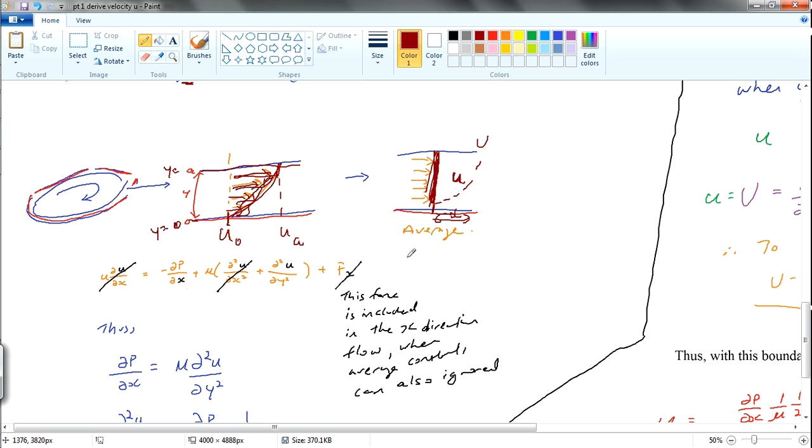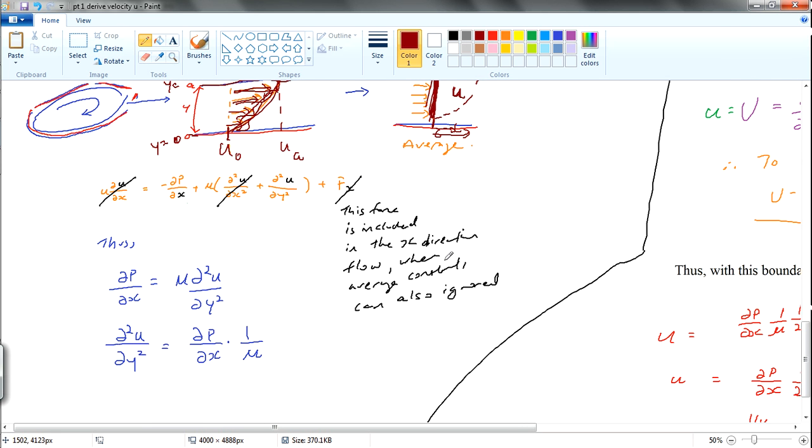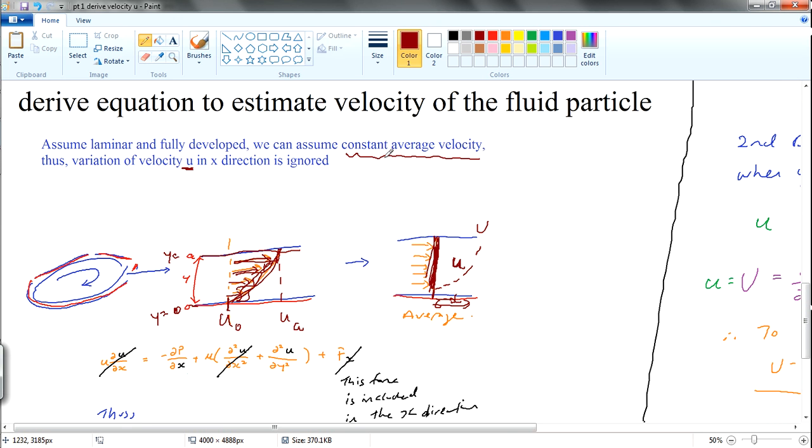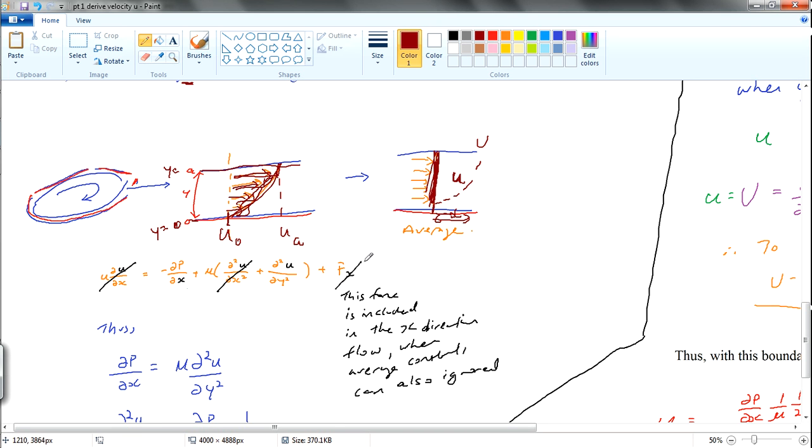So with this very important set-up, we can actually cancel a few things. Since there is no variation in the x direction anymore, we can cancel the force. This force is included in the x direction, right? But now, because we take constant average velocity, we average them out, the force is actually negligible, because there is nothing in the x direction.